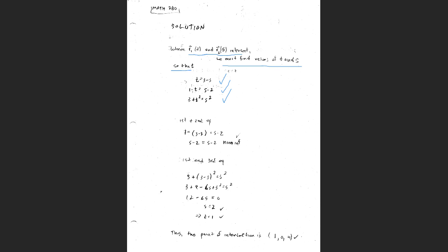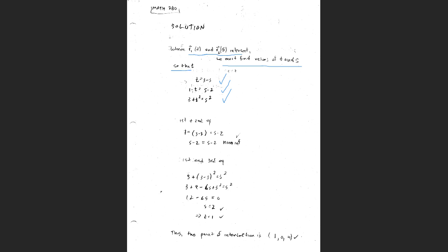Okay, so here we go then. We're going to work with the first and second equations. What I'm doing here is t equals 3 minus s.